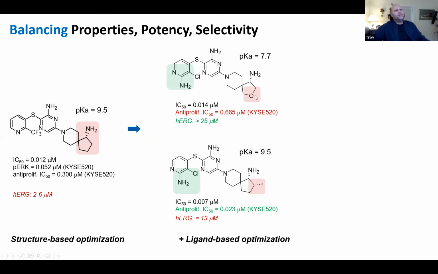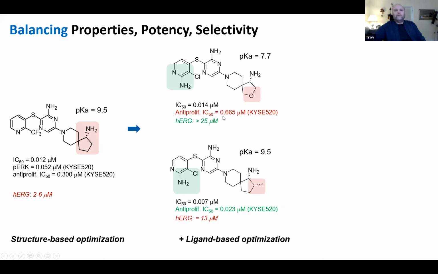So simultaneously, we looked at decreasing basicity in multiple ways, and we were able to get rid of the hERG signal through the ligand-based optimization. I should say, at the other end of the molecule, we knew that we had open vectors, but we didn't have any structural guidance as to what to put into this solvent space.